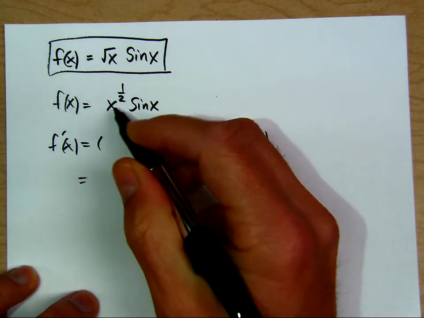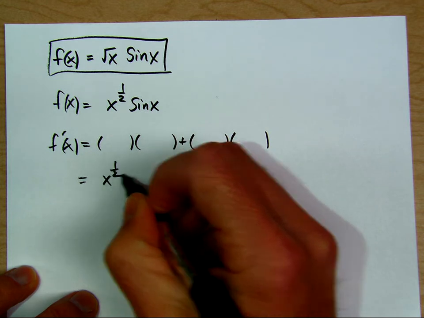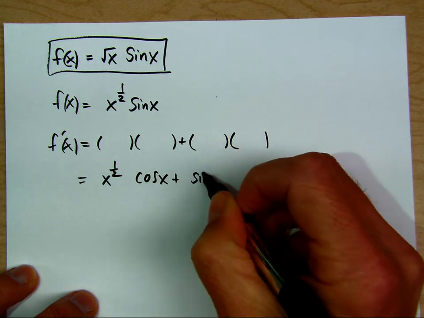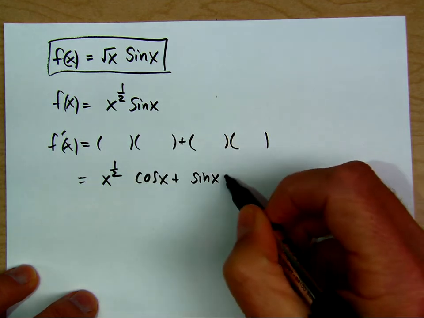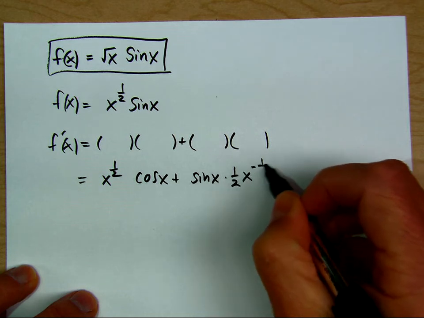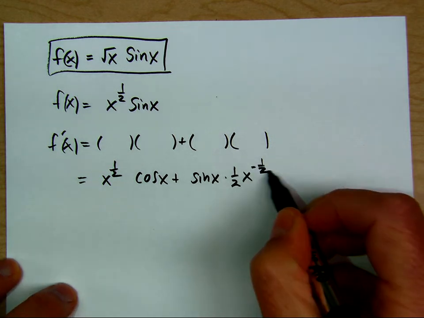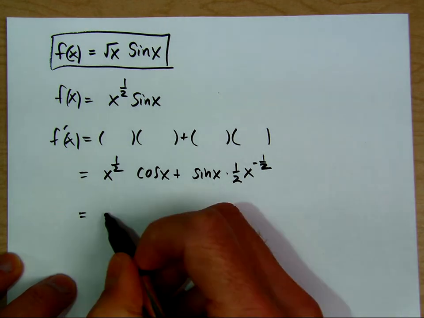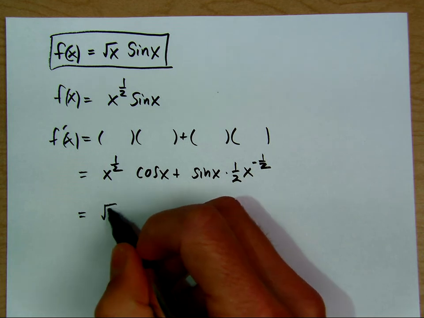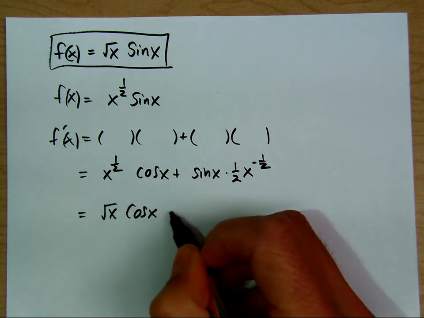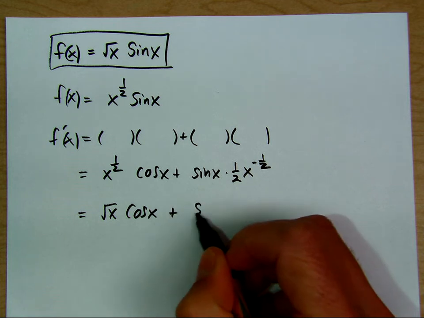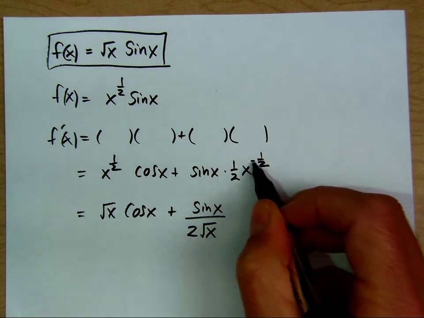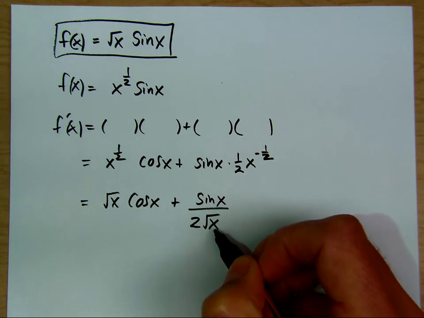So now we have the first times the derivative of the second plus the second times the derivative of the first. Two in the denominator, negative exponent, we'll put that radical in the denominator.